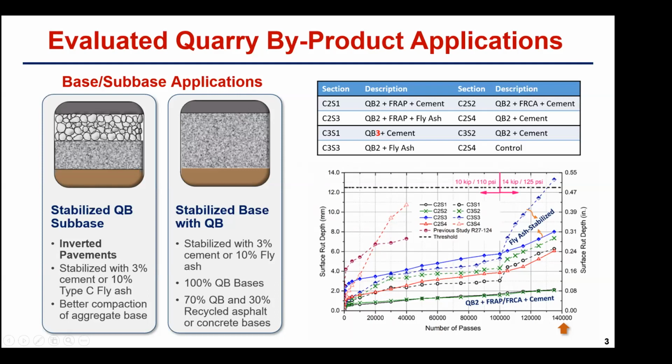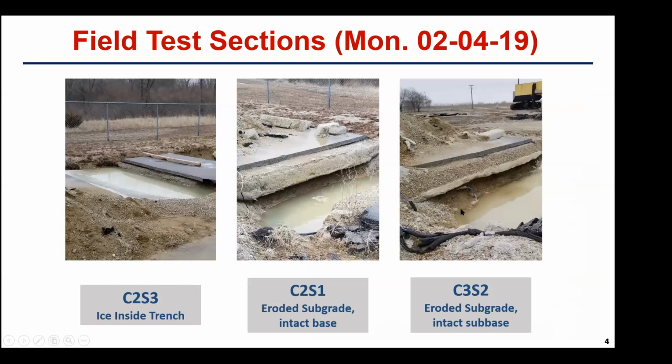You see at the bottom here, the best performing sections were the ones that had recycled aggregates with quarry byproduct and cement, and the ones that had the highest rutting were the fly ash stabilized test sections.